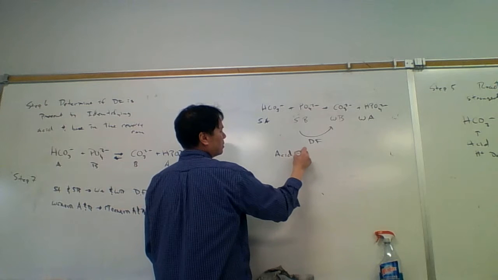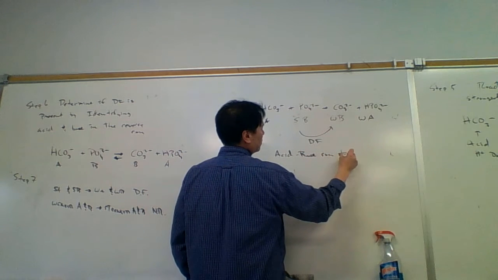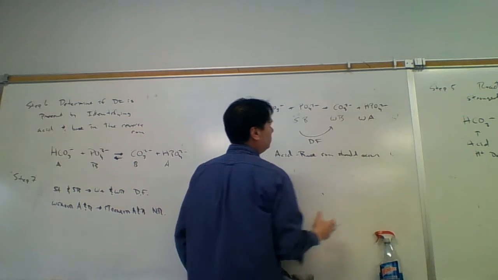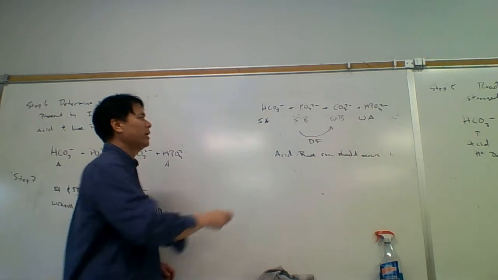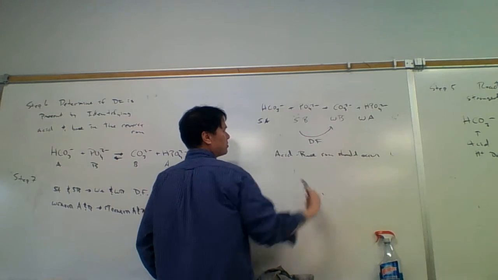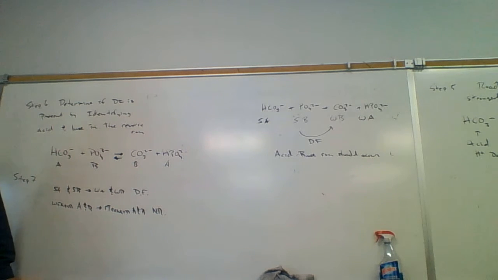Acid-base reaction should occur. Now, if we went from weaker to stronger, then the opposite direction is favored. That is, the reverse reaction is favored. In this case, the forward reaction is favored. We want to go from stronger to weaker, no matter which way we have it written.